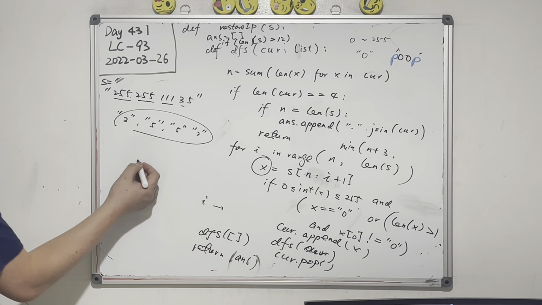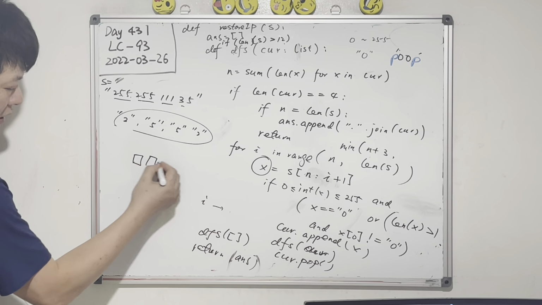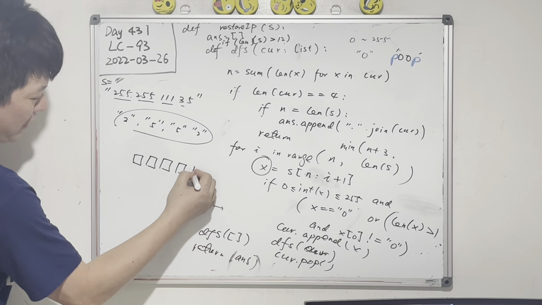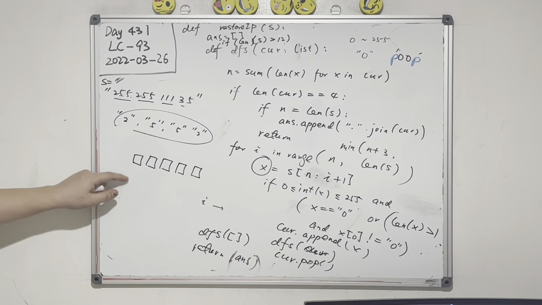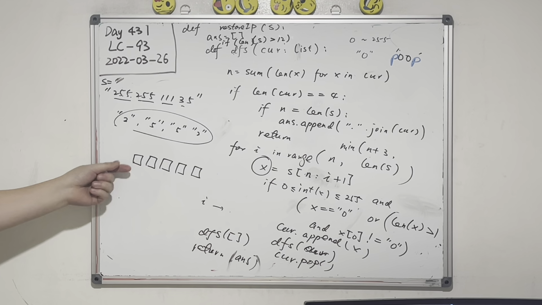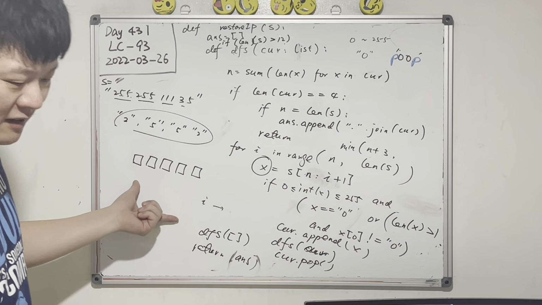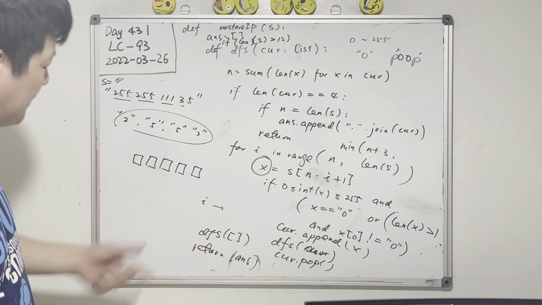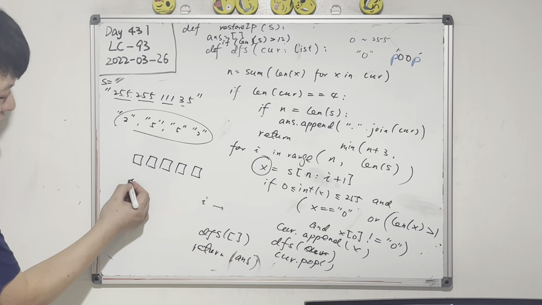Okay, I have 5 cages. What's the container that you put a pigeon in? A cage. We have 5 cages and 6 pigeons.